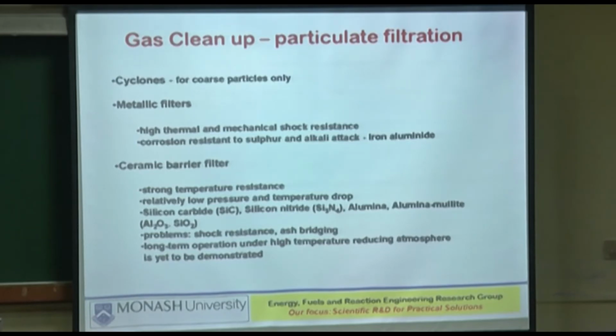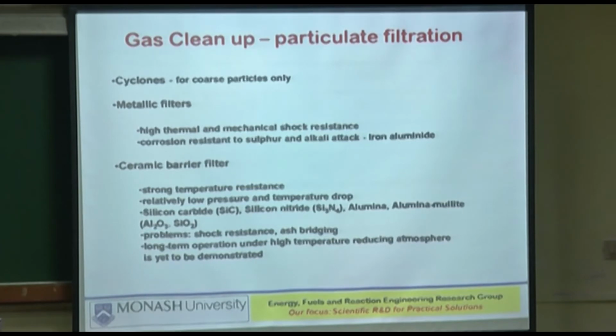Those are the issues that the plant suppliers have to grapple with before selecting one way or the other. There are not very many suppliers of metallic filters, but there are lots of suppliers of ceramic candle filters.